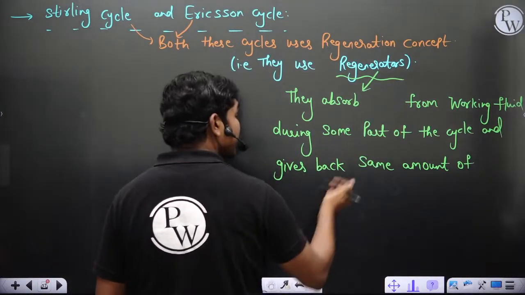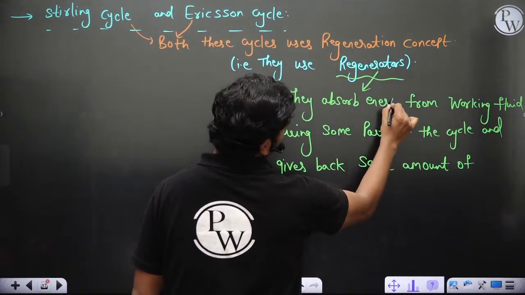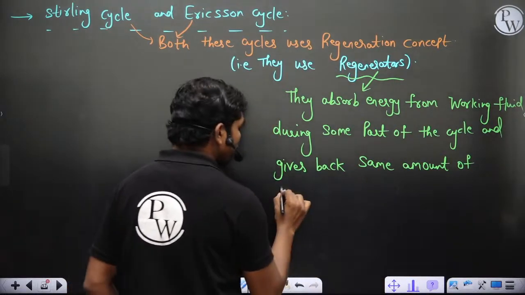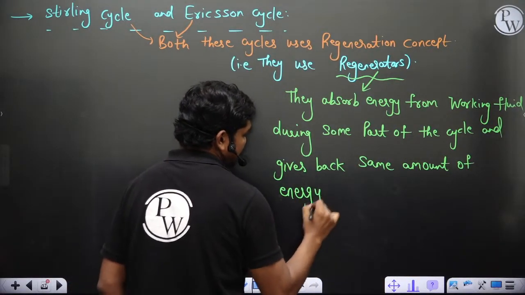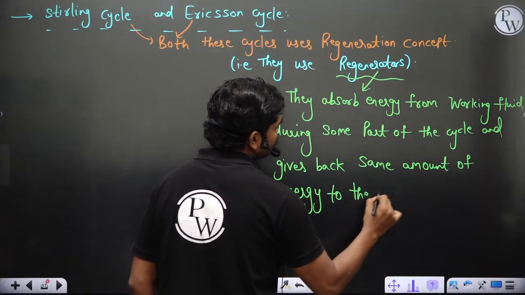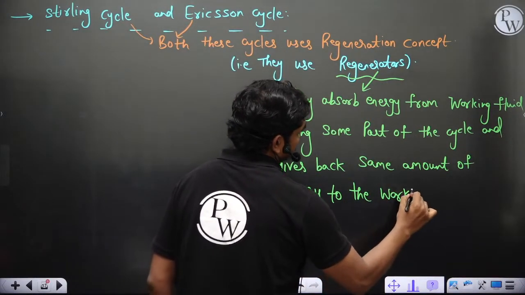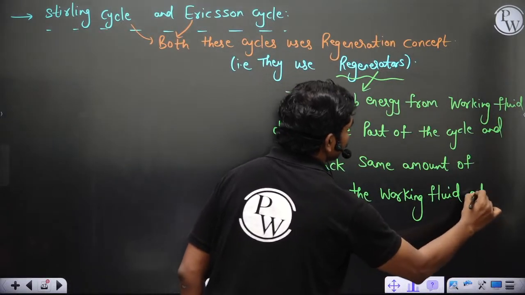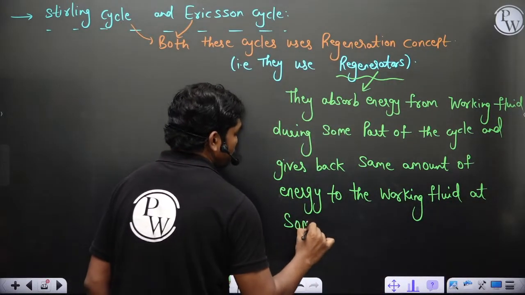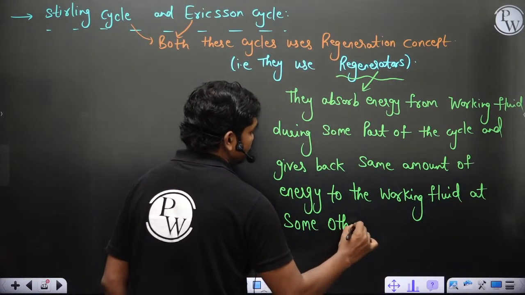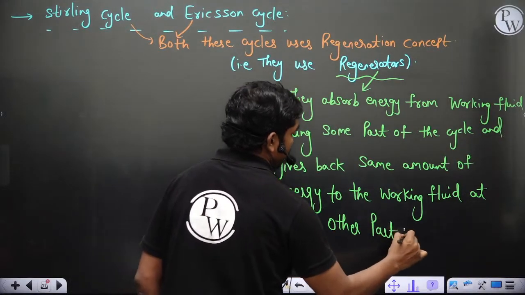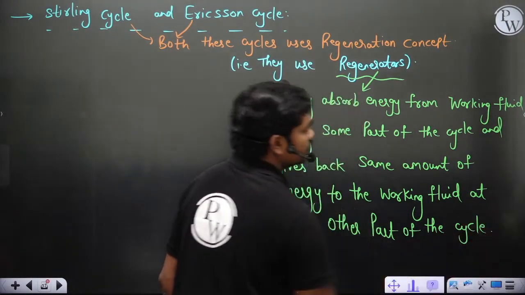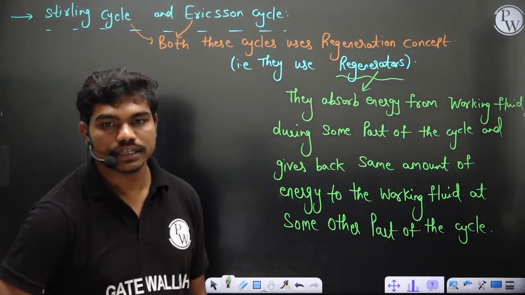Okay, you can say energy, it can be in any form in general. So they absorb energy from the working fluid during some part of the cycle and give back the same amount of energy to the working fluid at some other part of the cycle. Okay, so these are called regenerators.